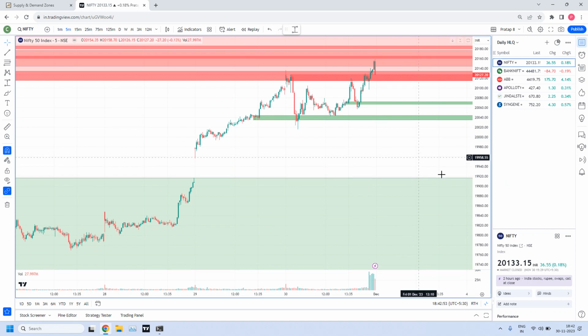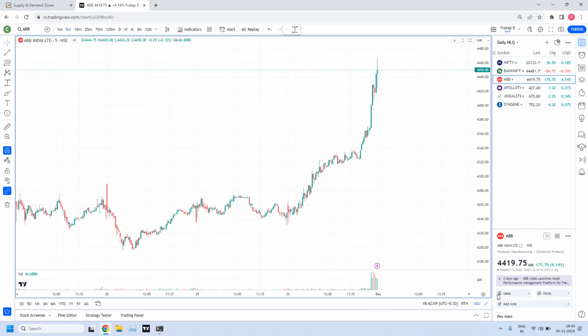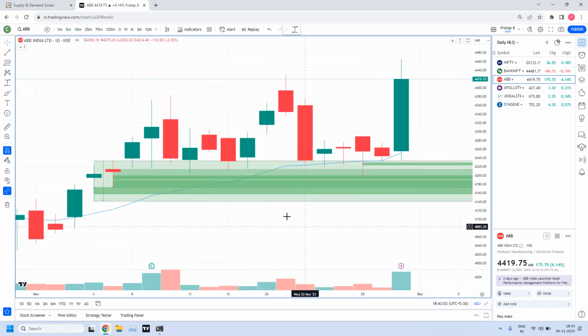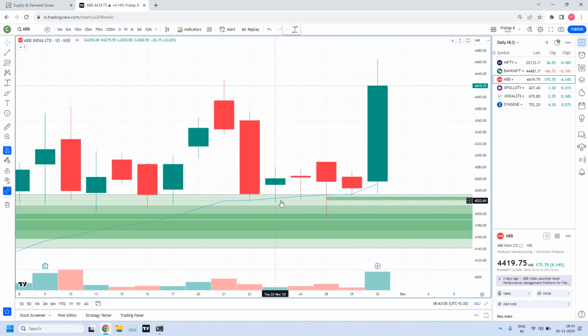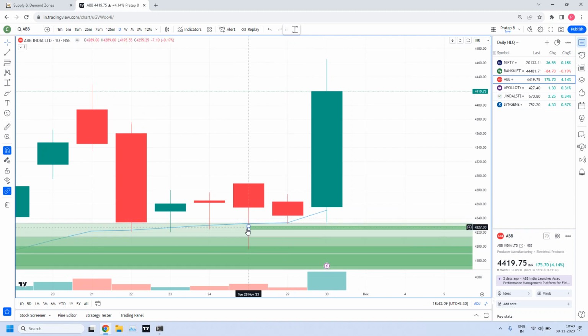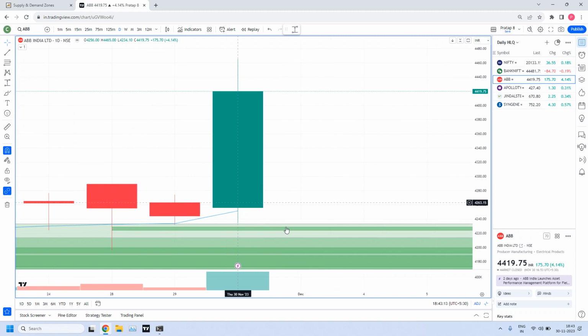When we look into the high liquidity zones generated in our yesterday's report, one is ABB. Let's look into the ABB chart. This is a daily high liquidity zone. So ABB is having a 5 minutes high liquidity zone here. There is a 5 minutes high liquidity zone.